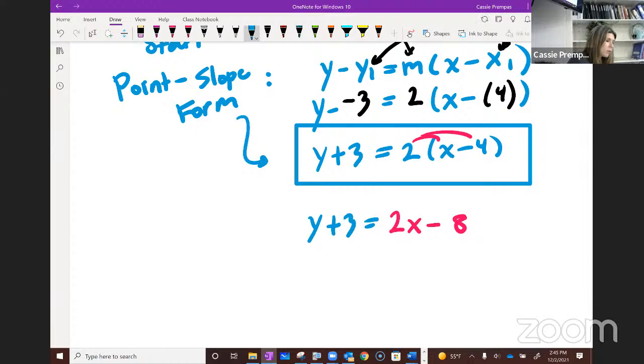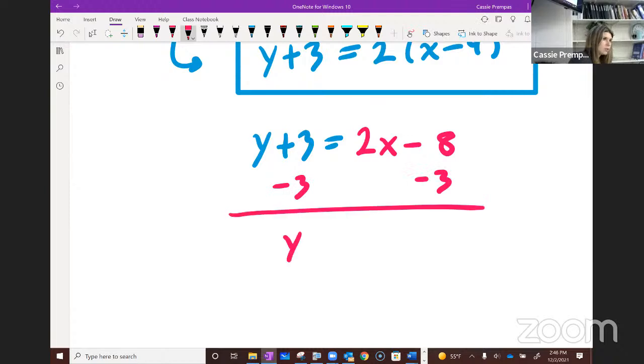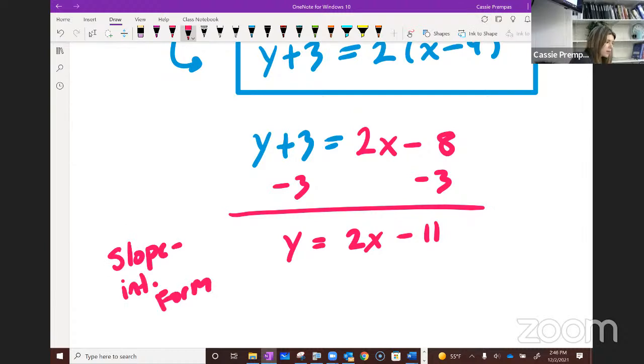And I need to continue to get y by itself. So what am I going to do with the plus 3? Subtract it, subtract 3, subtract 3. And that would give me y is equal to 2x minus 11. And that's another form, slope-intercept. So I can go ahead and box that.